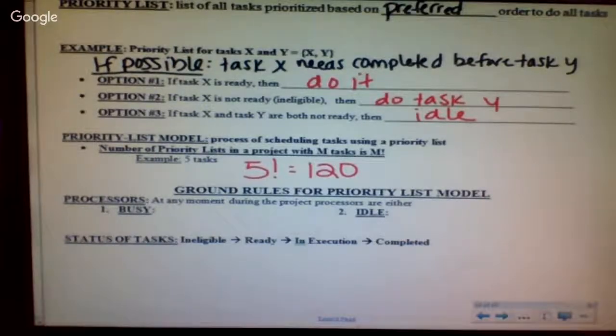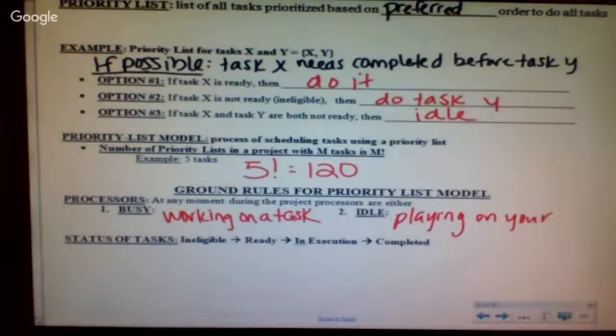So, your processors, as we schedule, they're either going to be all busy, which means they're working on something, or they're idle. And since y'all like your cell phones, we're going to call idle playing on your phone. So you're either working, which means you're busy, or you're idling and wasting time playing on your phone.